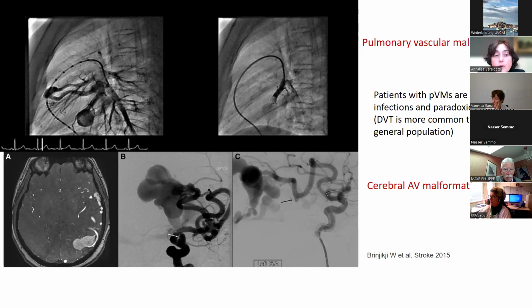These are just two examples of a large arteriovenous malformation of the lung and another one in the brain. And as you can guess, if you have a malformation in the lung or a large arteriovenous malformation in the liver, this is permissive to other complications, such as, for instance, infections, because the liver will not filter sufficiently the pathogens coming by the intestine, and/or if you develop a thrombosis in a peripheral vein and you have a large arteriovenous shunt in the lung, this can lead to paradoxical embolism with stroke.